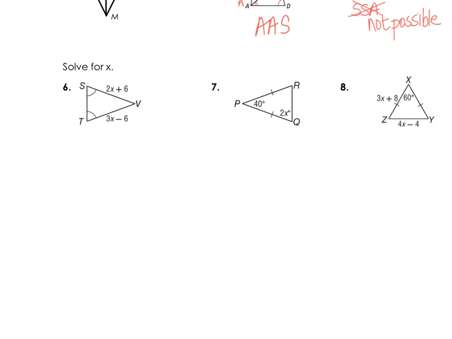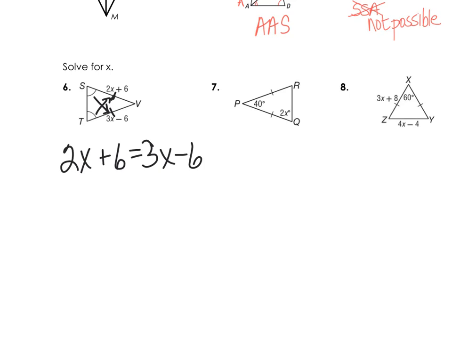However, these angles are congruent, and so the sides opposite them are also congruent. So I know that these two are congruent, so that means their measures are equal, so I can take them and set an equal sign between them, and then just solve for x, and y'all are good with your algebra.